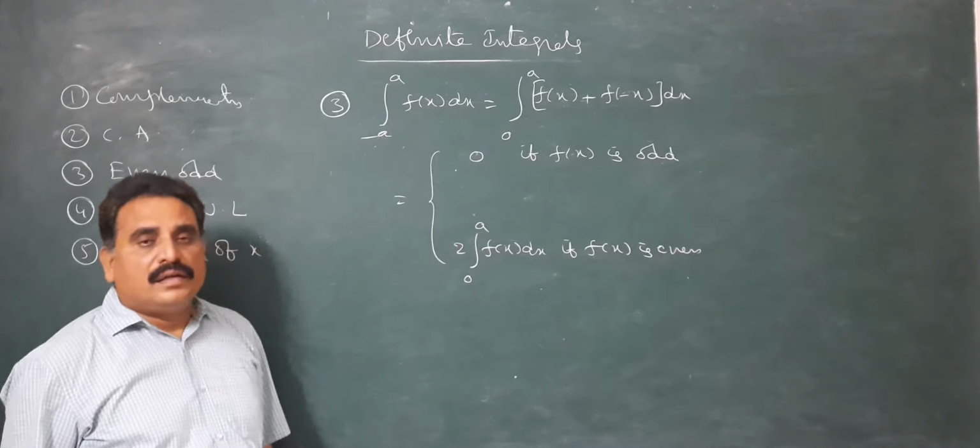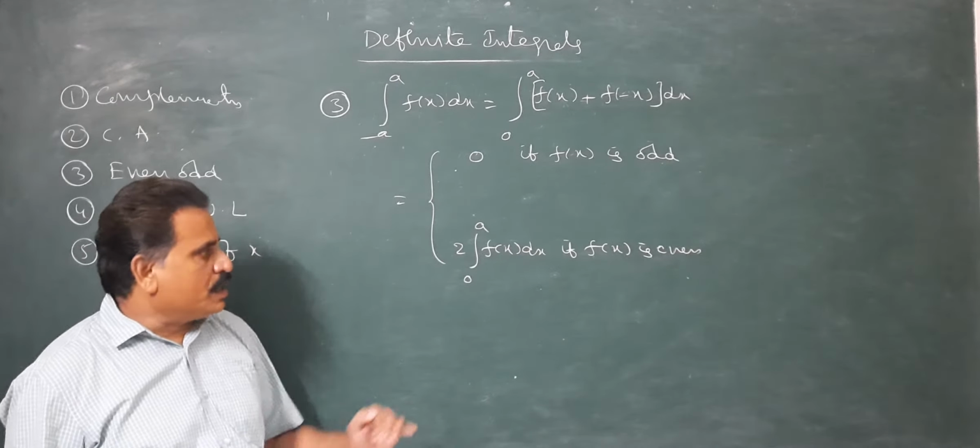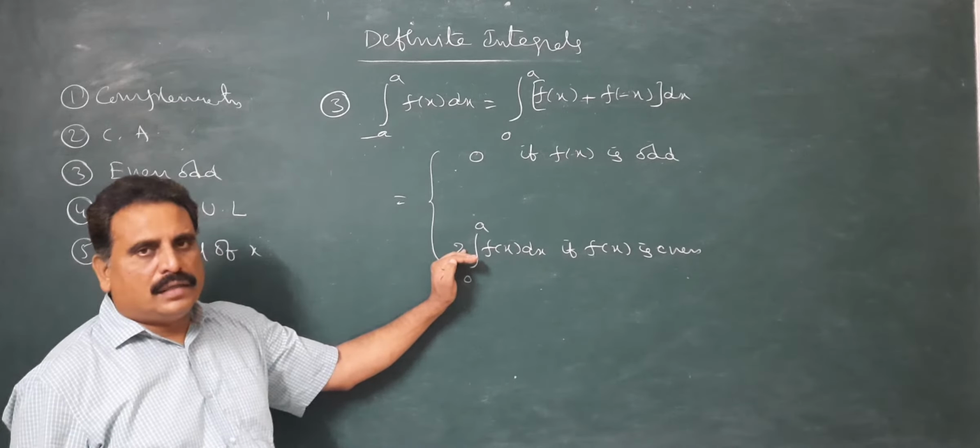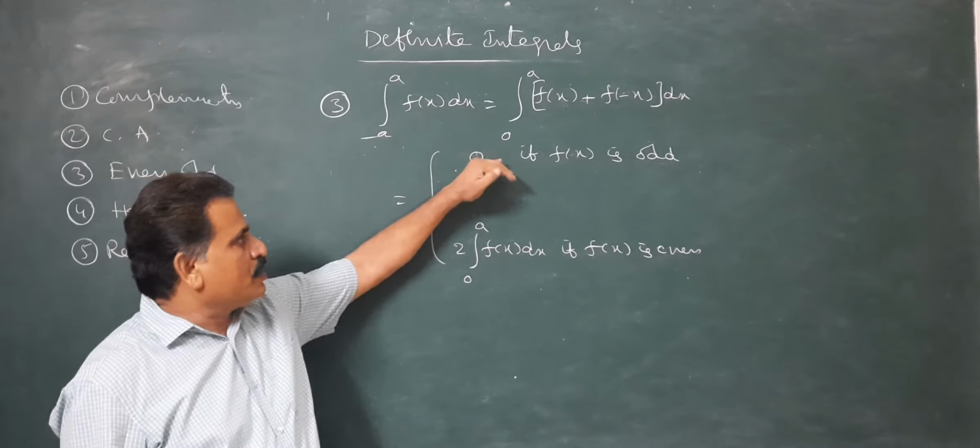That means if the function is even, it is 2 times integral 0 to a f(x) dx, and if f(x) is an odd function, that is 0.